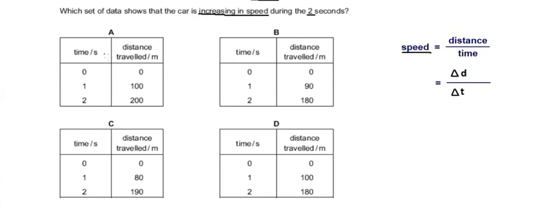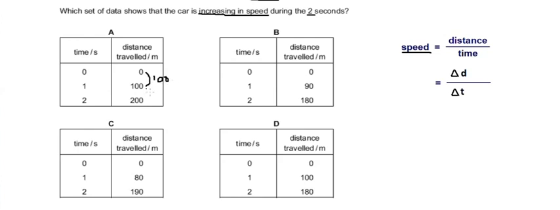So here you can see option number A, the time is going from 0 to 1, 1 to 2 seconds, and the distance is going from 0 to 100 and 100 to 200 meter. So you can see between 0 and 1, the distance goes from 0 to 100, so the change is 100 minus 0, that is 100.